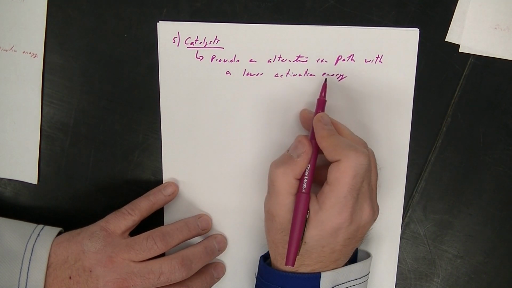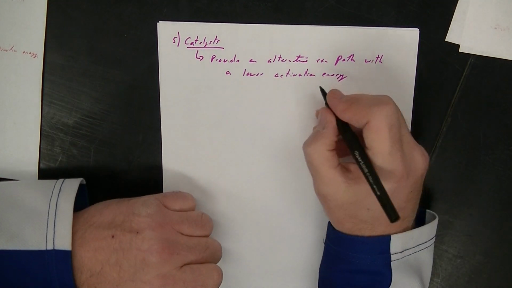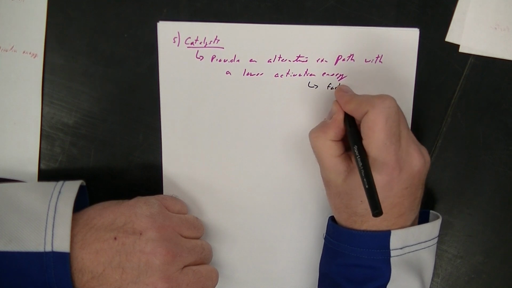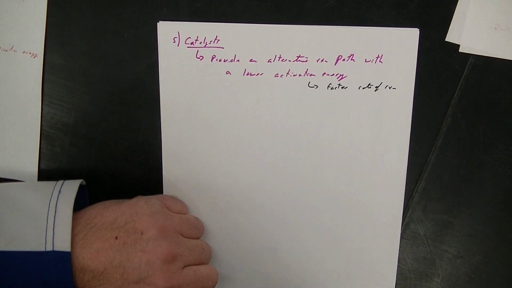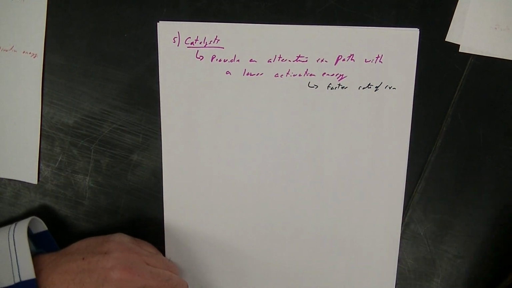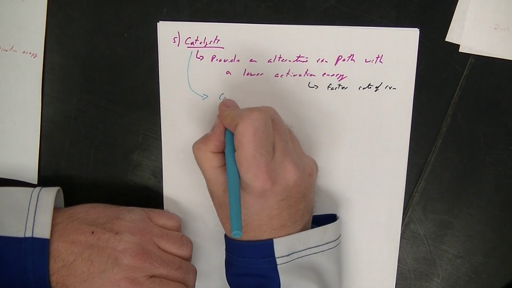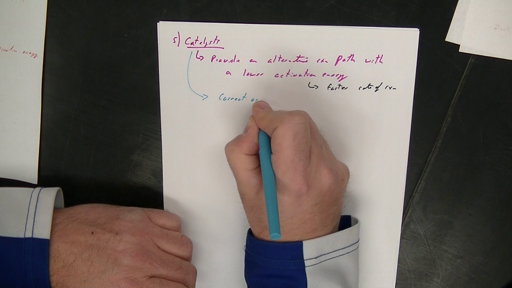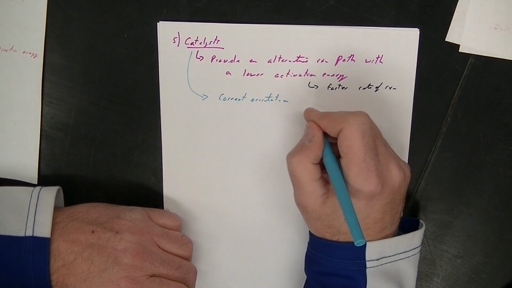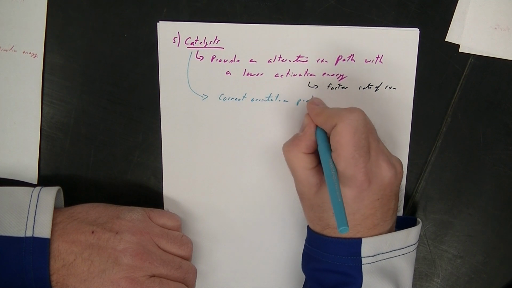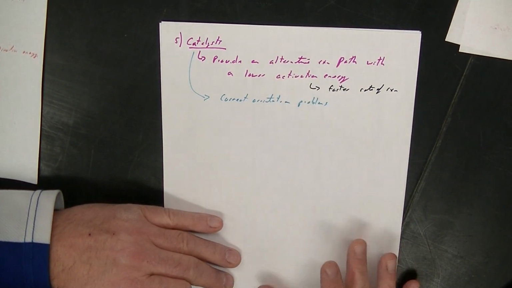And if we have a lower activation energy, that means we'll have a faster rate of reaction. And we're going to talk about that in a minute. A catalyst can also correct orientation problems. So let's talk about these two things.